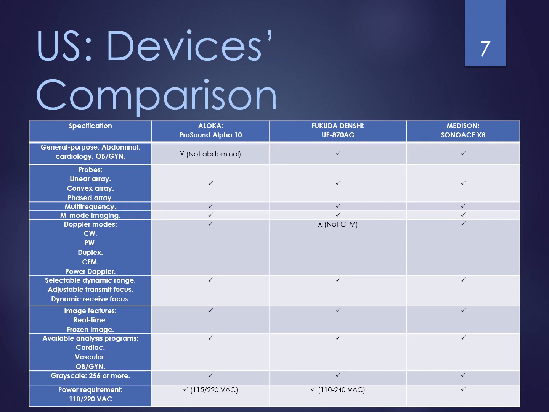Different manufacturers and different devices. Now we compare them based on our specifications, and we can see that the Sonace X8 is the most fitting device for this application. Also, while the other devices might lack in Doppler modes and the general application of the ultrasound itself.